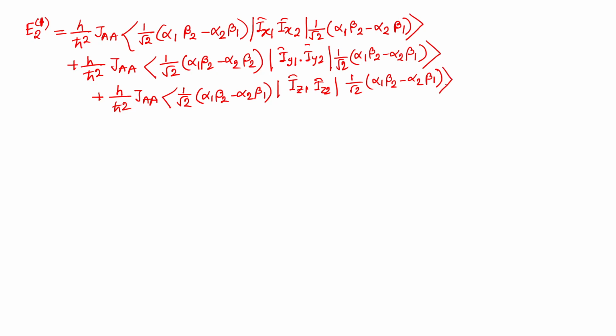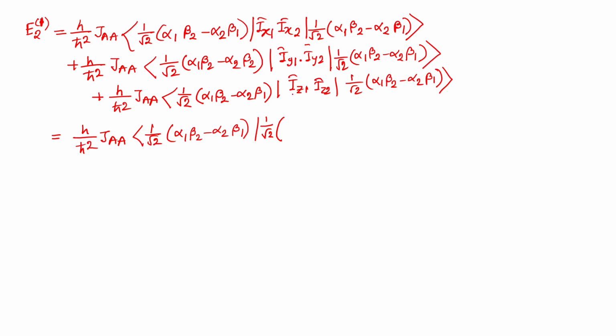Okay. Now let's see what each term will give us. H by h cut square J_A multiplied. Now 1 by root 2, 1 by root 2, I'll not do anything right now. I will keep them as it is. But what will alpha x1 will work on alpha 1 beta 2? I will just write 1 by root 2 here. So alpha 1 beta 2, what it will become?